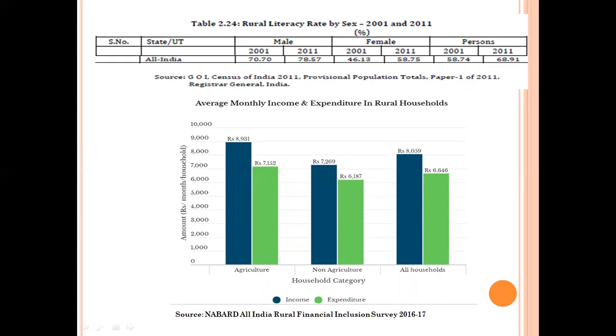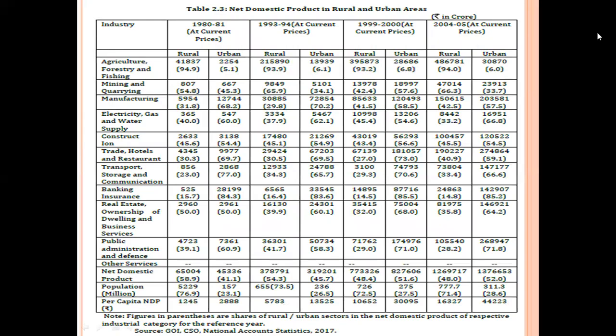Now that culture is going away, and nuclear families are becoming more populated there. Occupations, I told you in this slide, you can see agriculture and forestry, mining, manufacturing, electricity, gas, water supply, construction. So these are the occupations of rural people here.